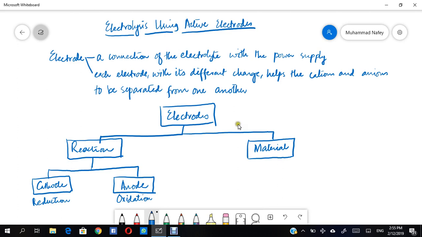Whereas when we come to the material with which the electrodes are made, we had two classifications: the electrode was either called an inert electrode or an active electrode.